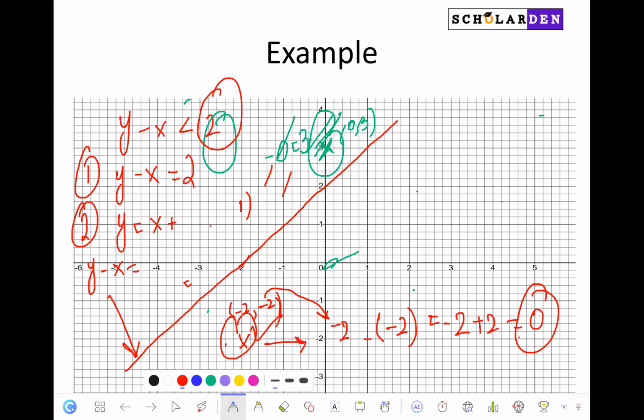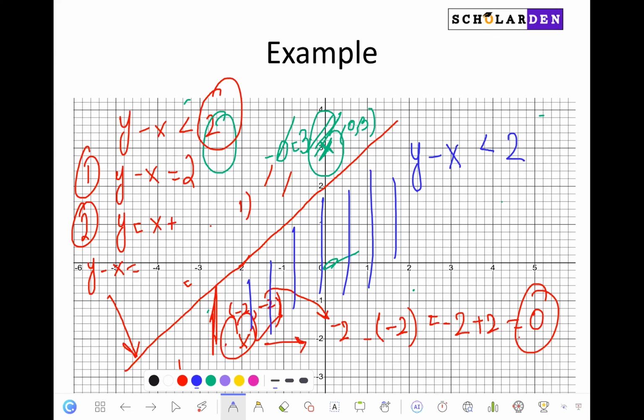So this tells us that all the points under this line are the points for which y minus x is going to be less than 2. And all the points above this line will have y minus x greater than 2.